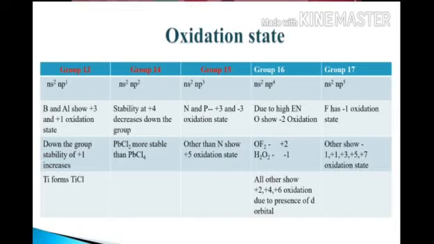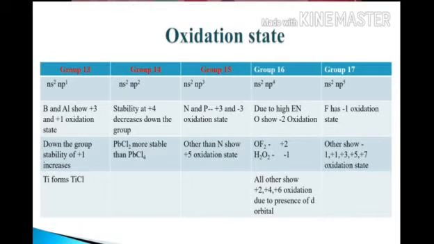Coming to group 17, we can see the ns2 np5 configuration. They need only 1 electron to complete their octet, so there is more chance to form the -1 oxidation state.